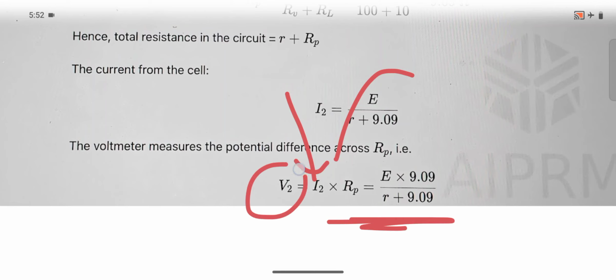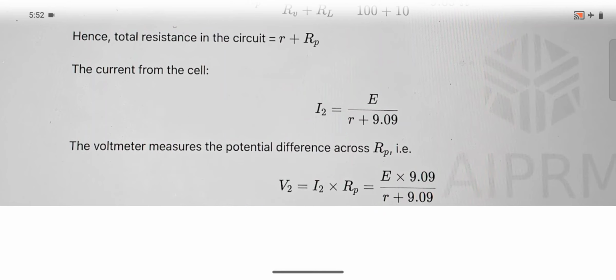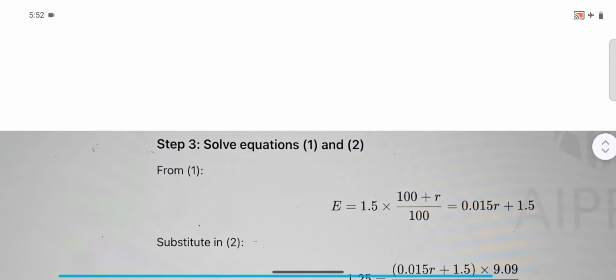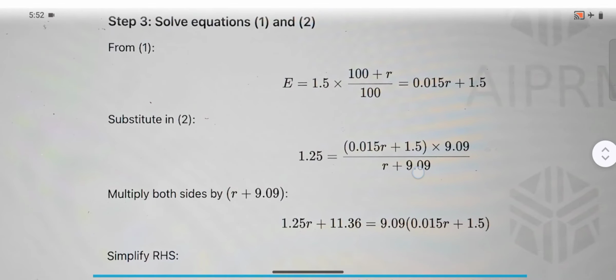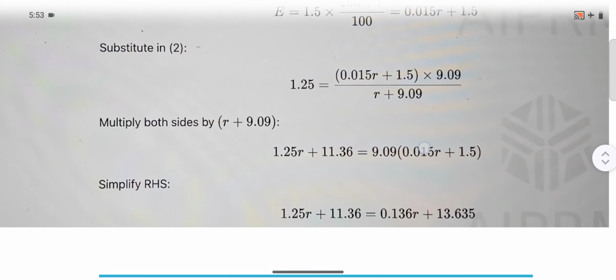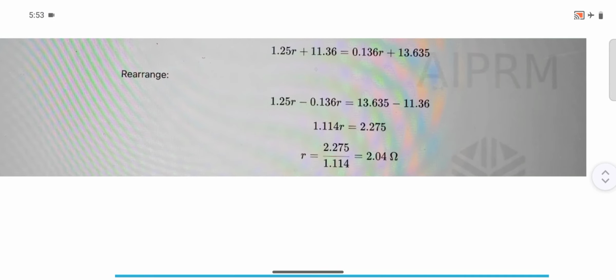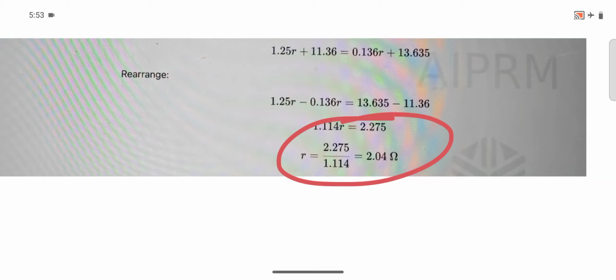V2 is given in the question as 1.25 volt, and we put in the value and get the second equation. Now we will solve both equations to find the internal resistance.